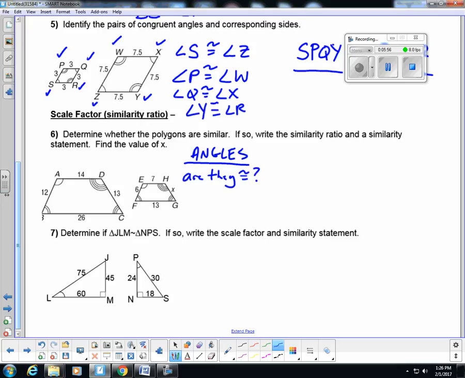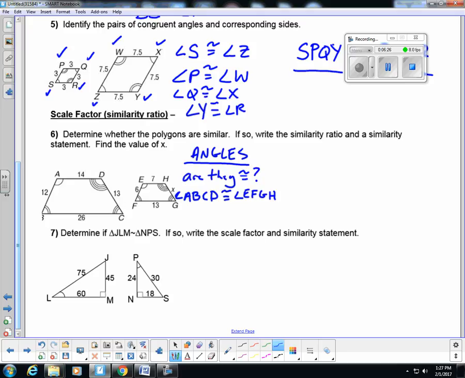Well, if we look at quadrilateral ABCD, all of those angles there are congruent to angles EFGH. So yes, ABCD, those angles, I'll put a little angle symbol here, are congruent to angles EFGH. And that'll help us match up the sides. So check to make sure your angles are congruent.